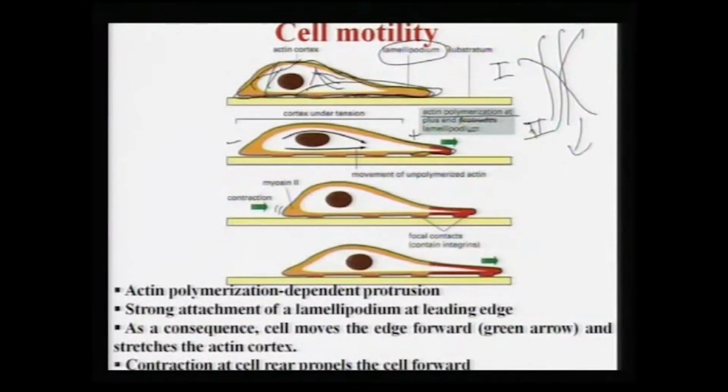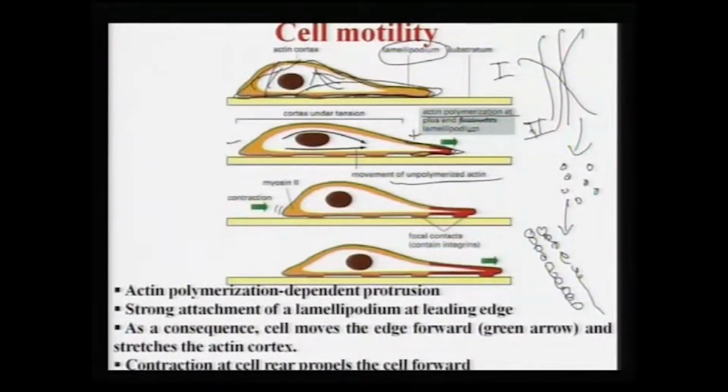When they depolymerize, they form small monomer units, and these monomer units can again come and repolymerize to make a larger structure. That is exactly what is happening in this lamellipodium area, the leading edge of the cell, where actin repolymerization occurs. That means this macromolecular structure forms again from the actin monomers.